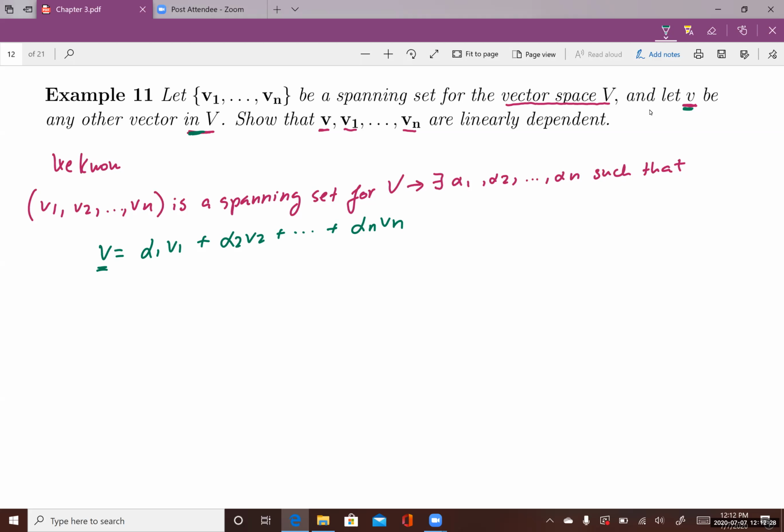This is the definition of the spanning set for a vector space. In other words, v is a linear combination of v1, v2 to vn. And now we want to show that v, v1 to vn are linearly dependent.